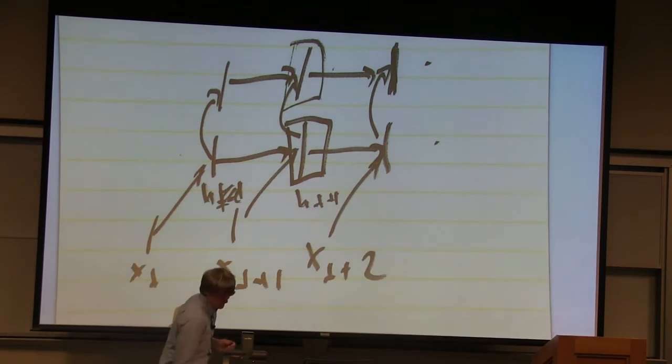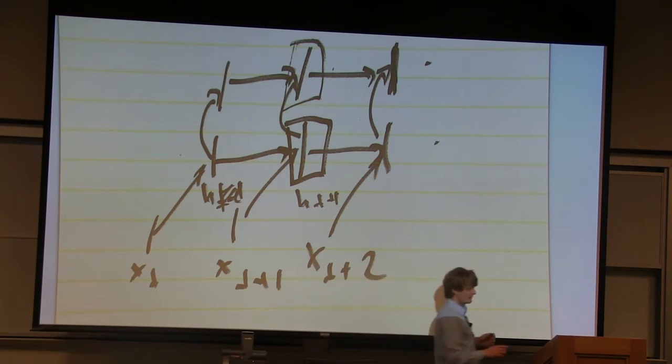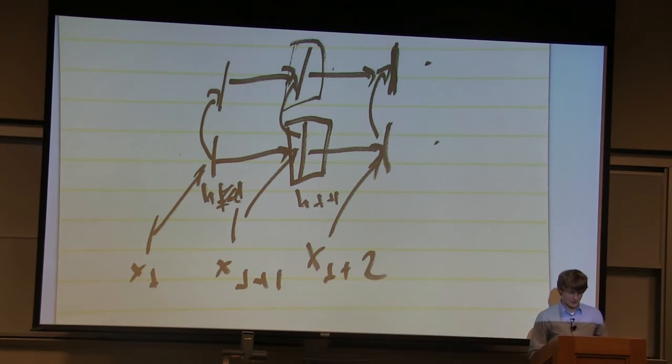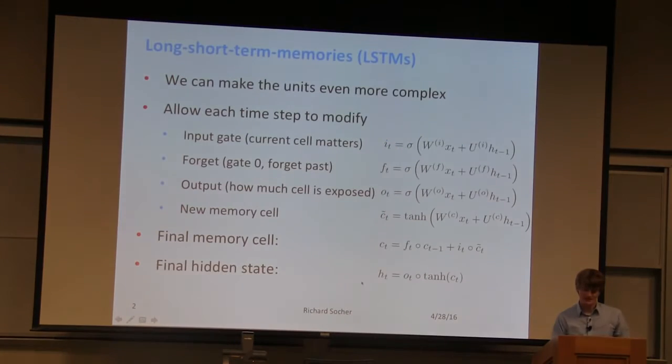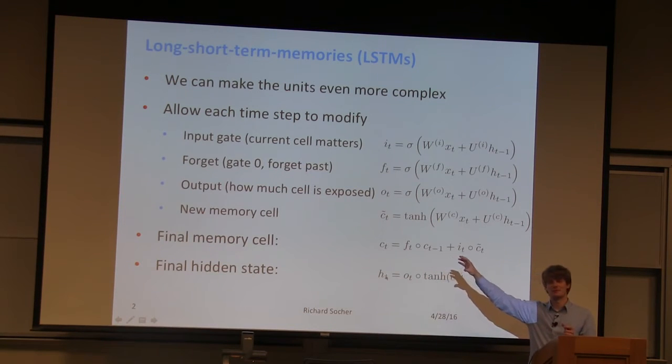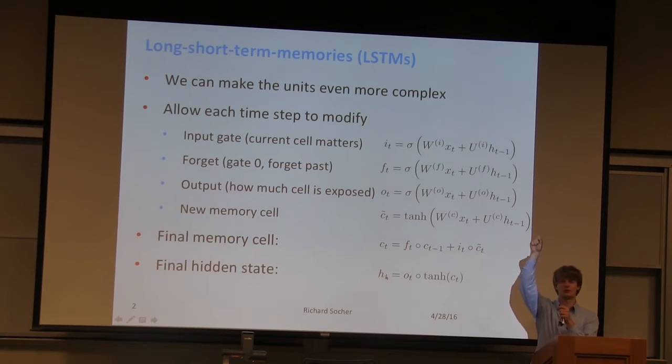So each LSTM, if we can switch back to the slides, each LSTM has an HT, but now that HT is taken as an input both to the next time step as well as to the higher order LSTM at that time step.